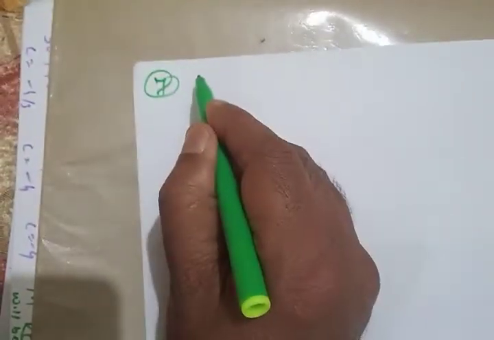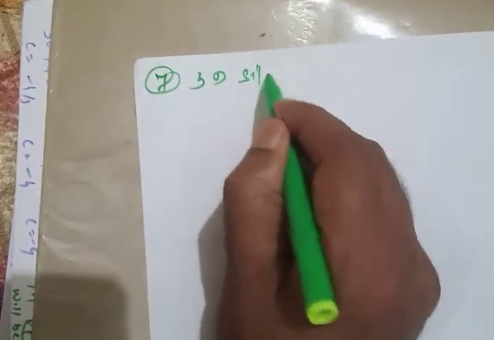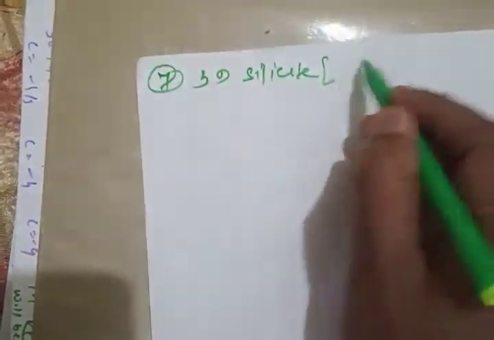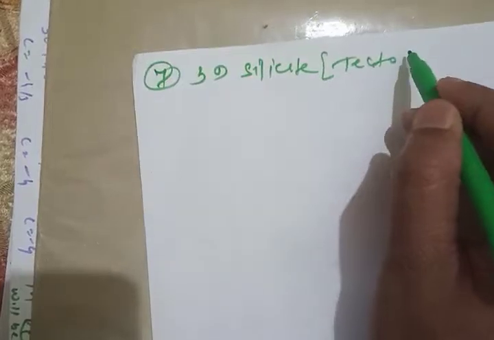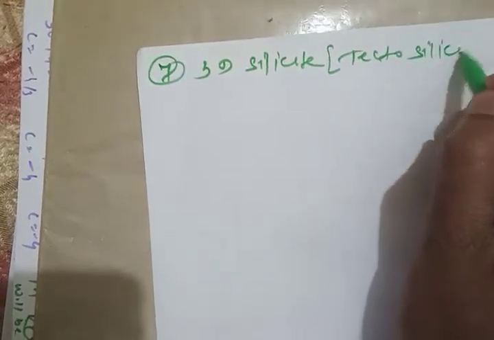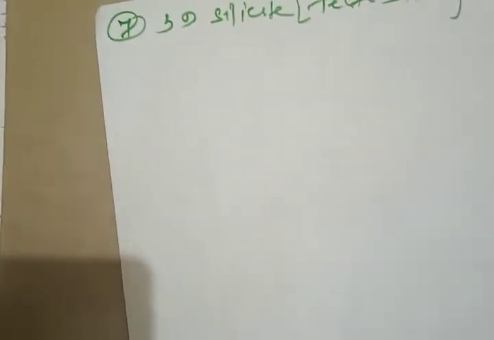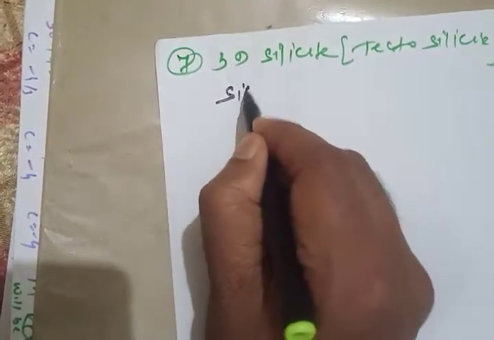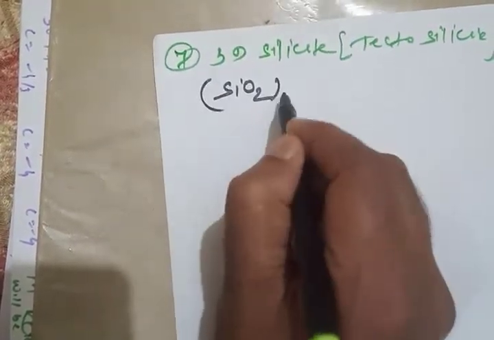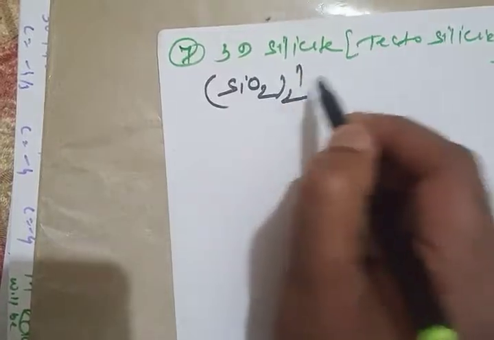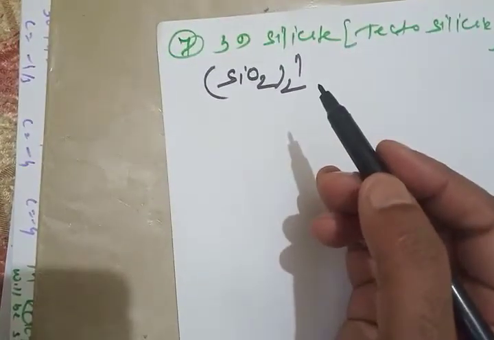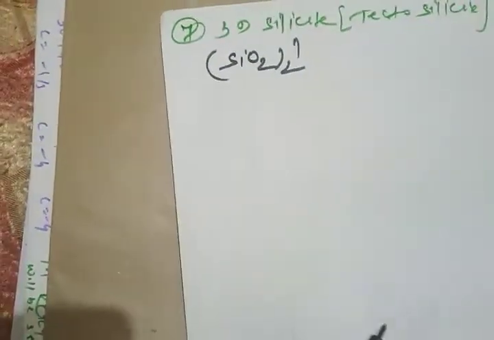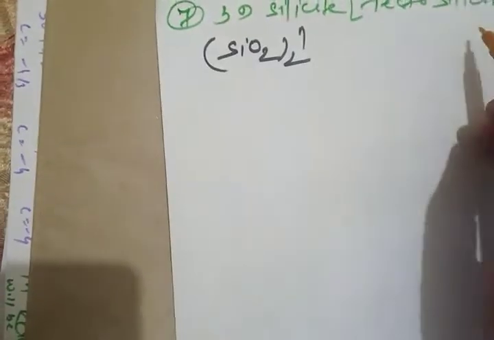So the seventh is the three-dimensional silicate, which is also called tectosilicate. As it is a three-dimensional structure, it is not possible to draw the structure here. The basic unit is (SiO2)n, and the example is quartz.